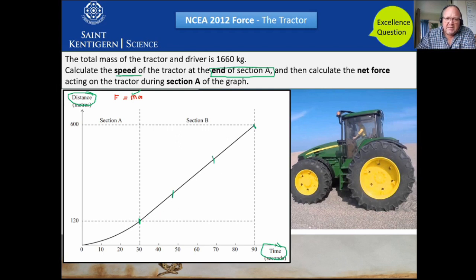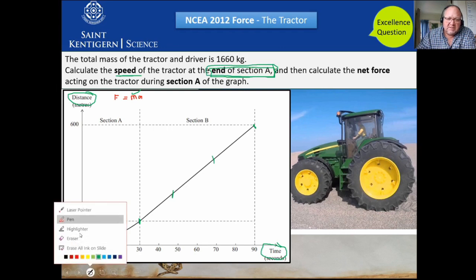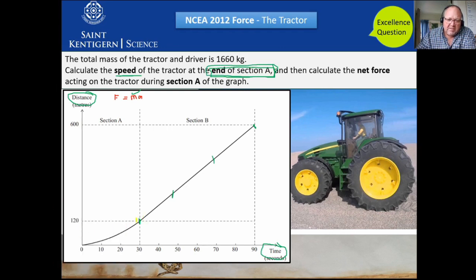So to calculate the speed of the tractor at the end of section A, you use the speed in section B, because at the end, right there in that moment of time, this is the speed that it maintained. And that's why I say it's really a nasty question. Most kids, when they did this, just calculated the average speed over that first section, but unfortunately they specified end of section A. Nasty.